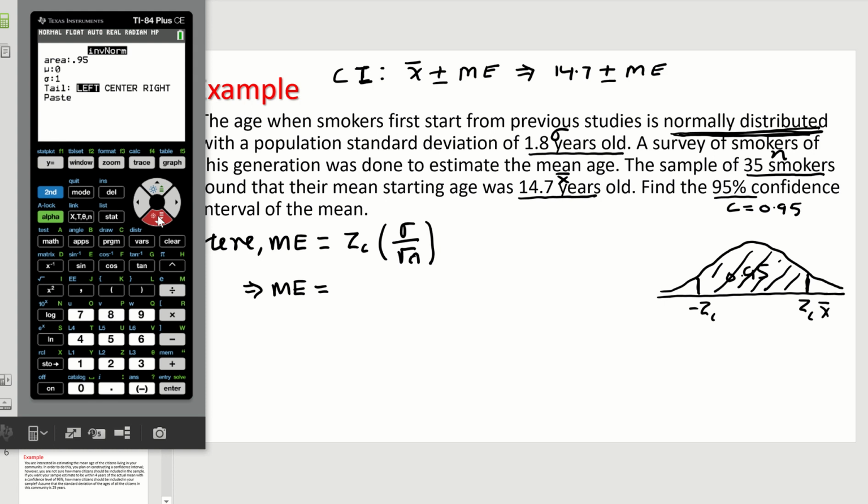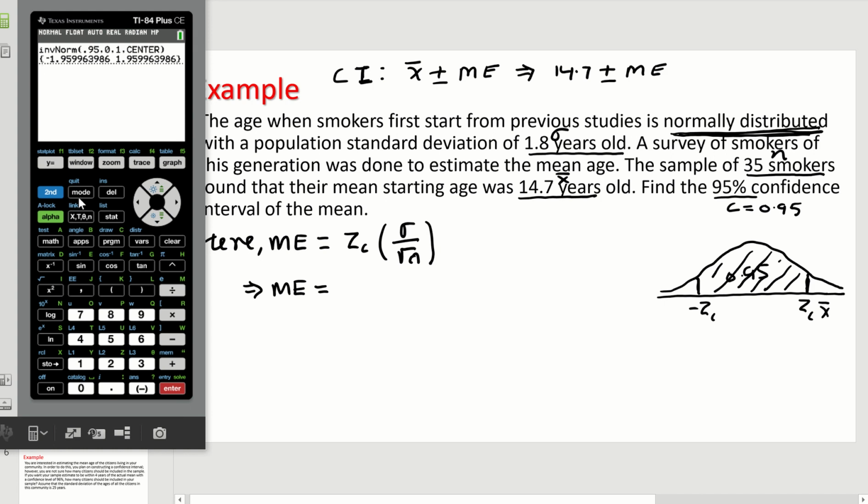We are considering the standard normal distribution. Our area is at the center, so we select that, and we paste all these in the main screen and hit enter. The values are negative and positive, but I want just the positive value. Let me round this value to 4 decimal places and write it here.